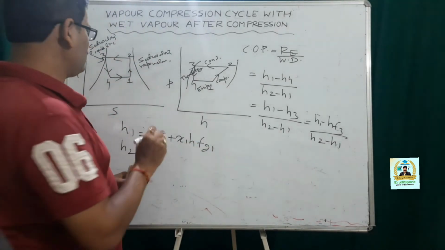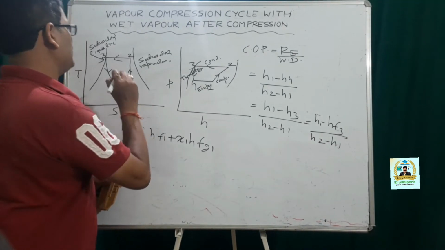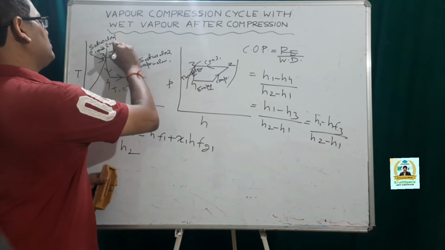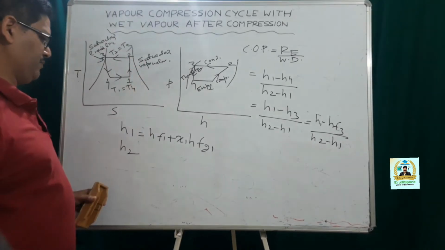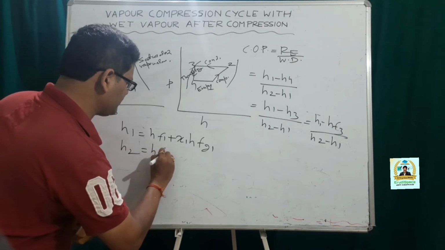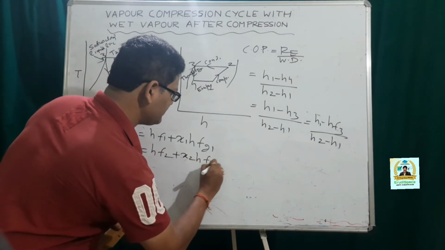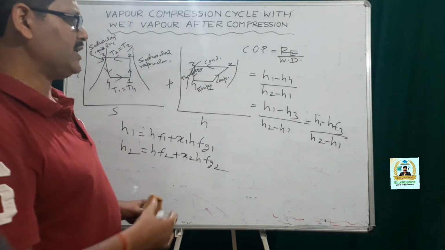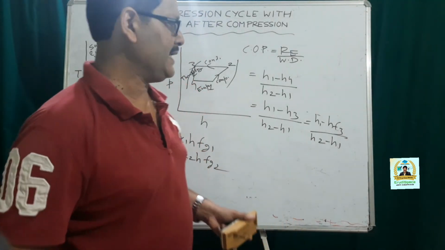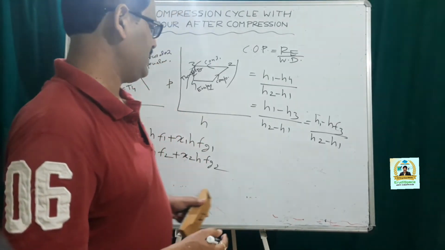And you should remember that here T1 is equal to T4 and here T2 is equal to T3. Similarly, H2 is equal to hf2 plus x2 into hfg2. You can substitute these values and find out the coefficient of performance of the cycle.